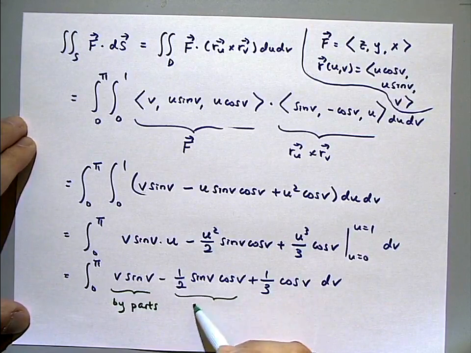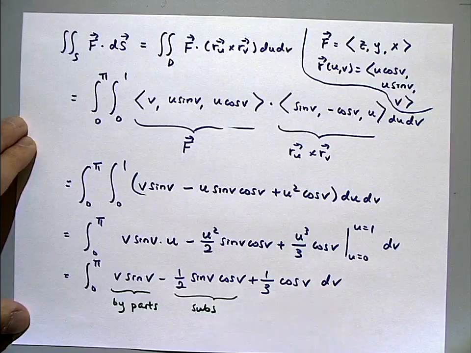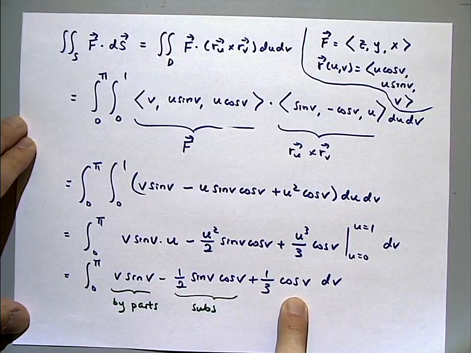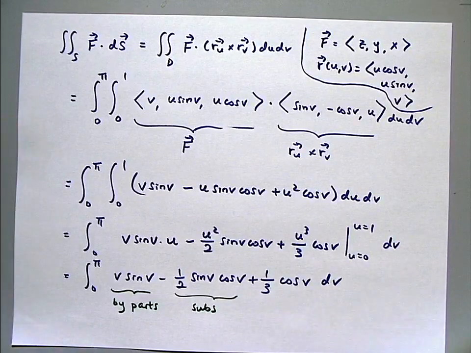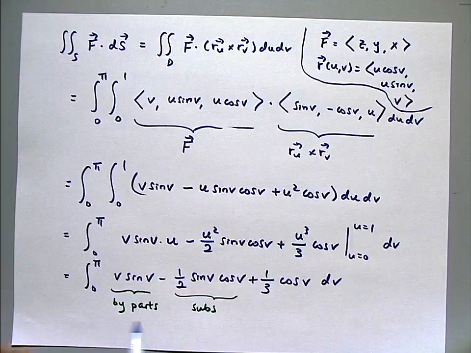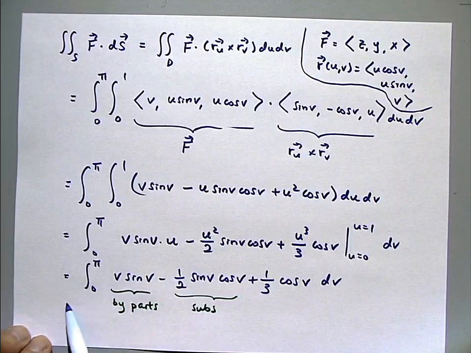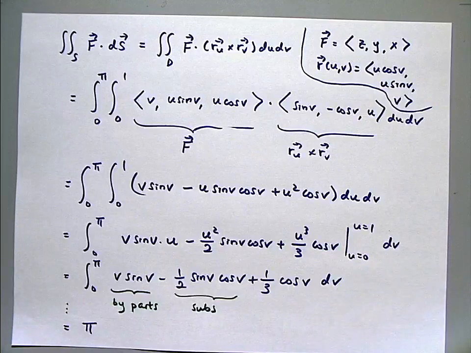Substitution, yeah. How about this guy? That's easy. Direct integration of cosine, right? So that's how you end up getting this. Now, that's going to be a little bit of work, especially in the by parts part, but it's not terribly difficult. This ends up being just pi.